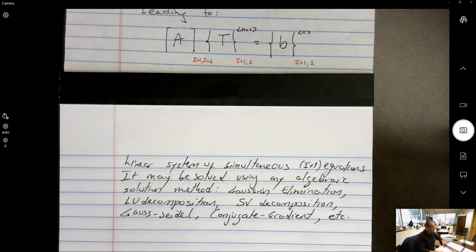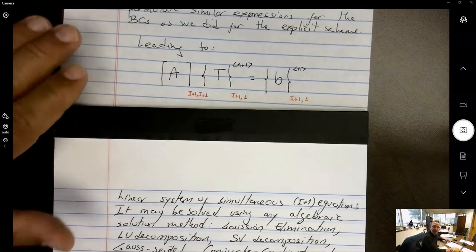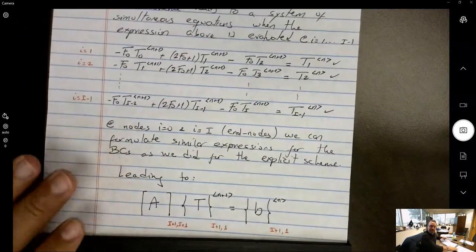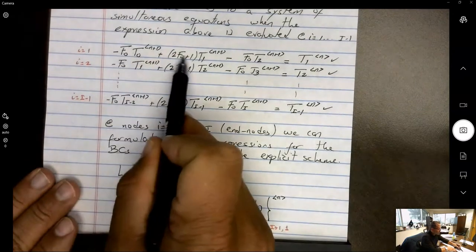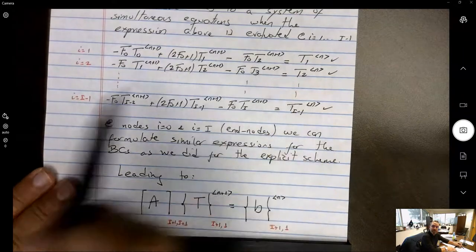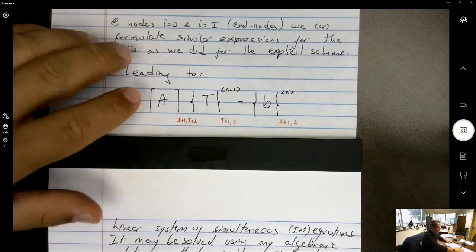And one thing to note is that it doesn't matter how you formulate this, this matrix A doesn't change. It's not a function of time because it contains information about the Fourier number, and the Fourier number doesn't change as long as you don't change the nodal distribution, the delta x, and the boundary condition distribution doesn't change in time.